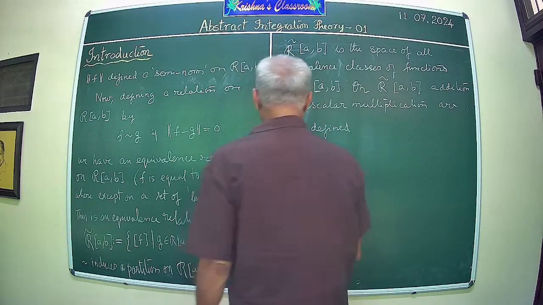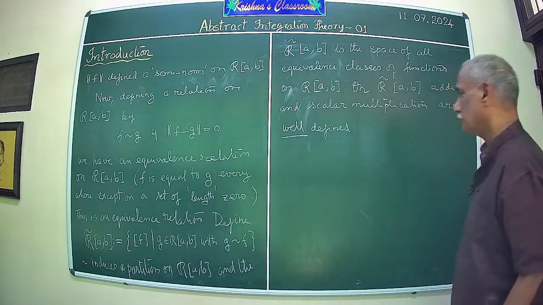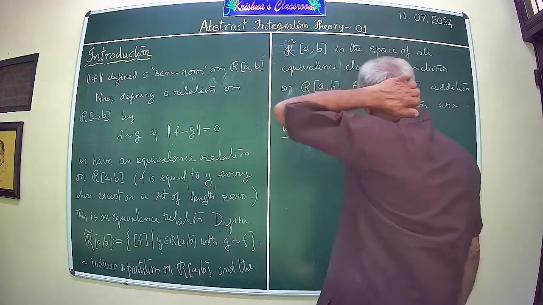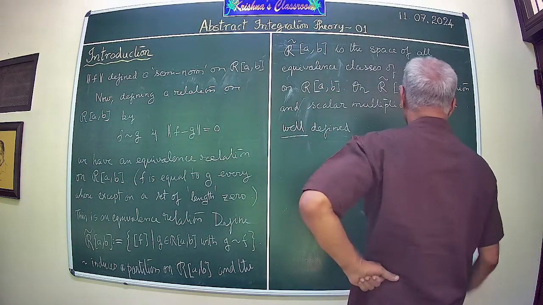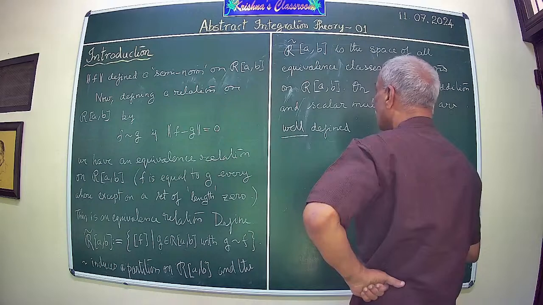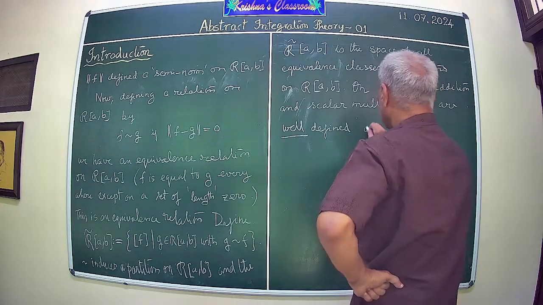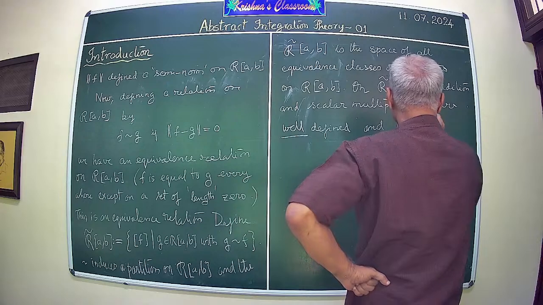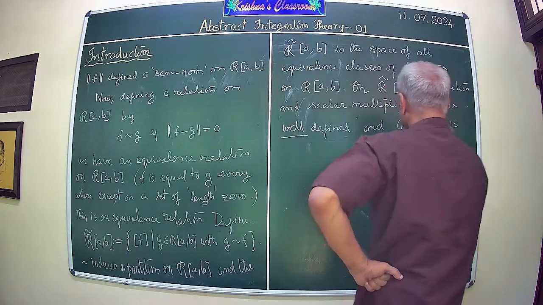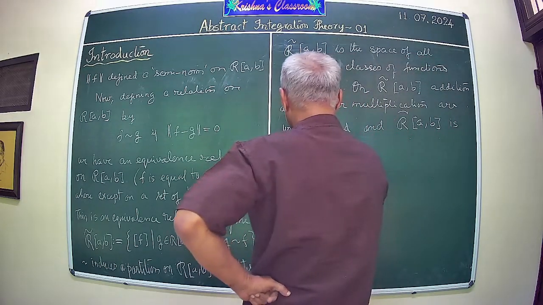It means defined without any ambiguity. To look for the meaning of this, it is a linear space.